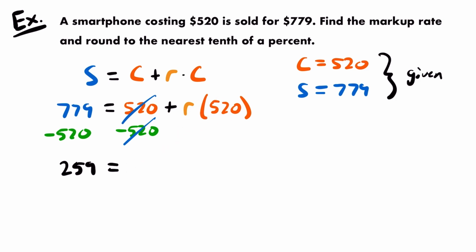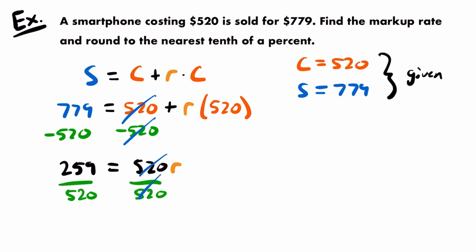And I'm just going to rewrite that such that 520 is the coefficient of that variable term. All right, so we have 520 times R. That's the same thing as R times 520. Now we can solve for that markup rate R by dividing both sides of the equation by that coefficient of 520. All right, so if we do that here, divide both sides by 520.